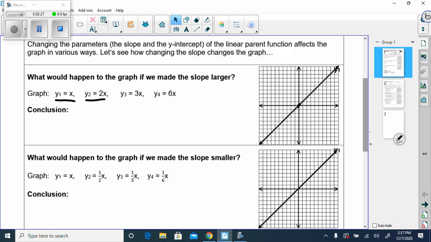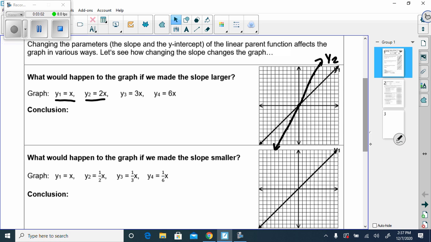But my slope, or my m, is 2, which means I'm going up. Very good. So if I connected those points, this is the line I have now. So this is y2. All right.